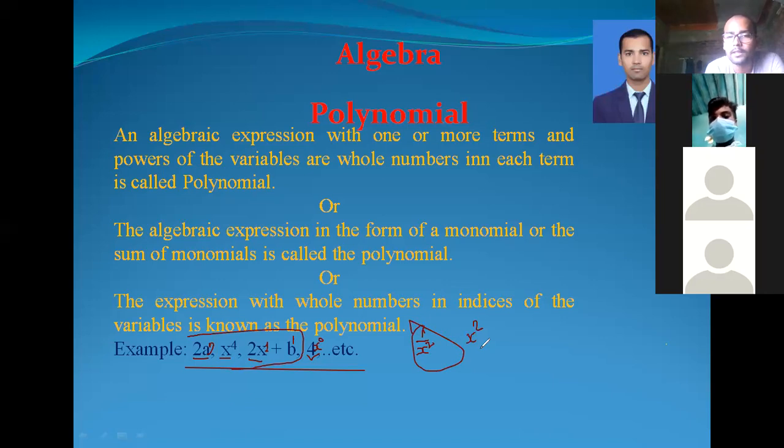In the same way, if the power of x is -2, as we know, minus is considered a negative integer. That's why the power of the variable is negative, which is not a whole number, so the term is not a polynomial.